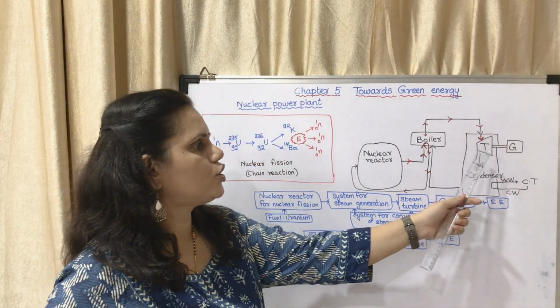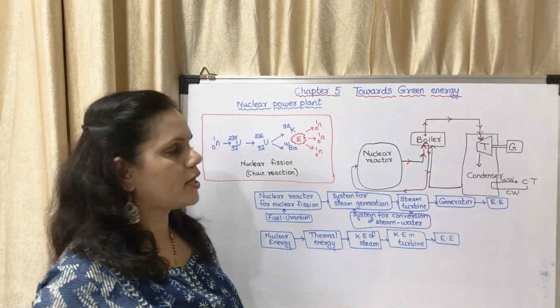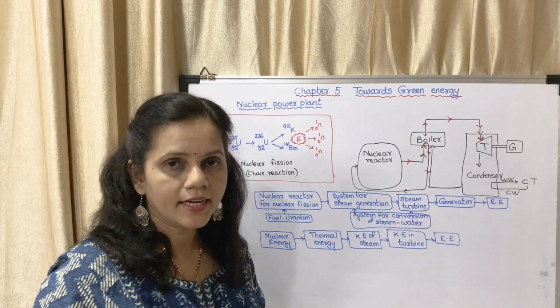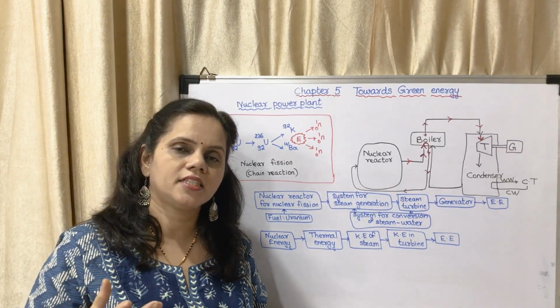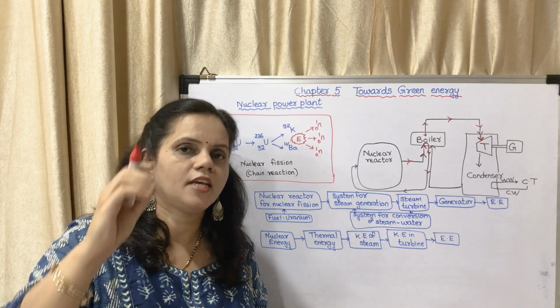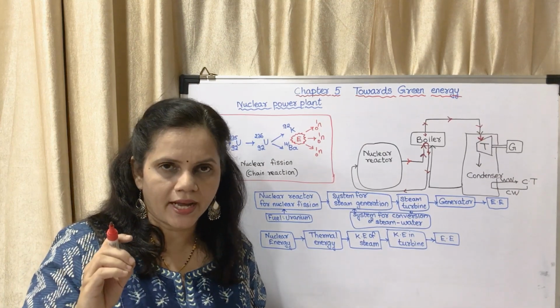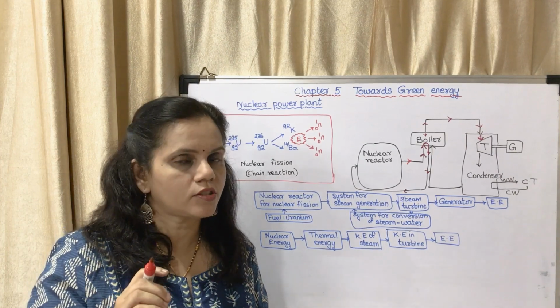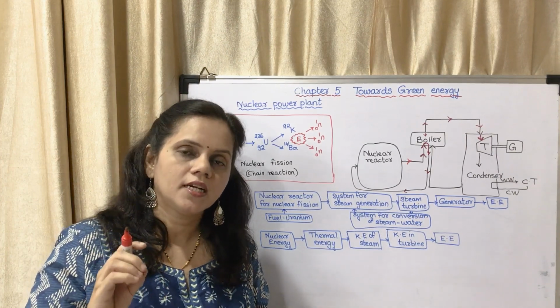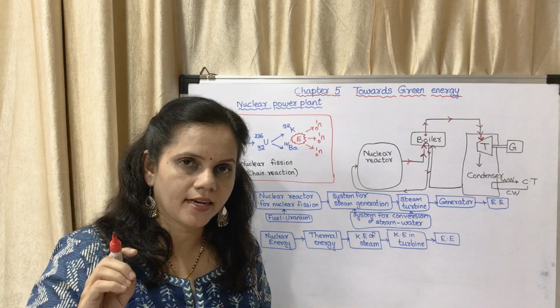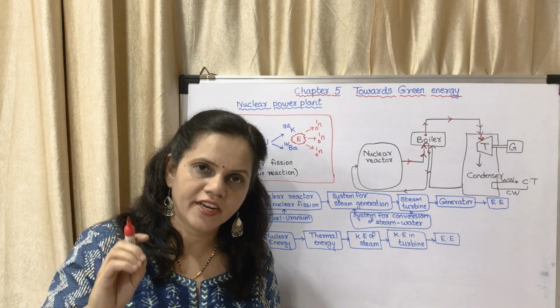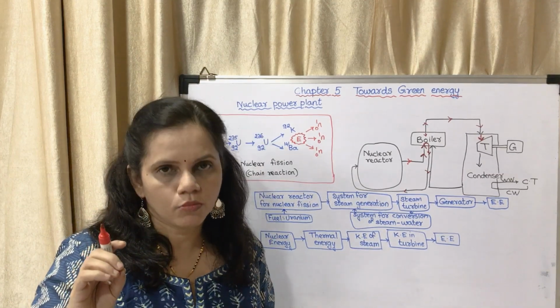The turbine moves. I had shown you in the first lecture how the steam falls from a nozzle onto the blade of a turbine and the turbine moves. As the turbine moves, inside the generator either the magnetic field moves or the coil moves.